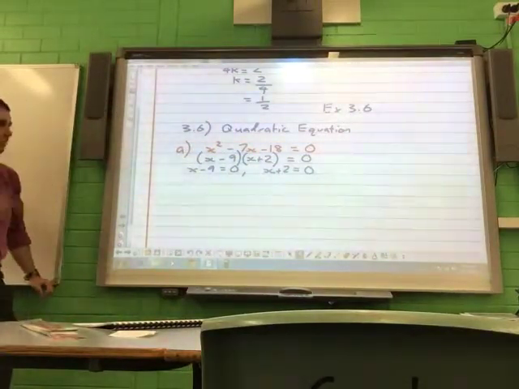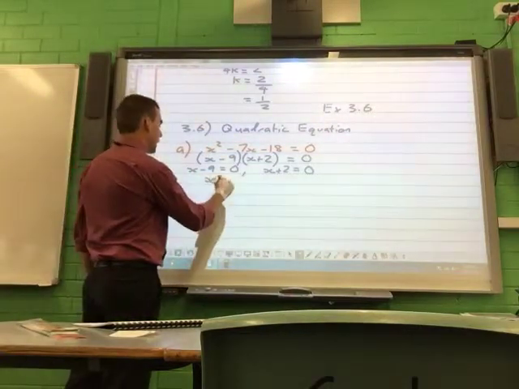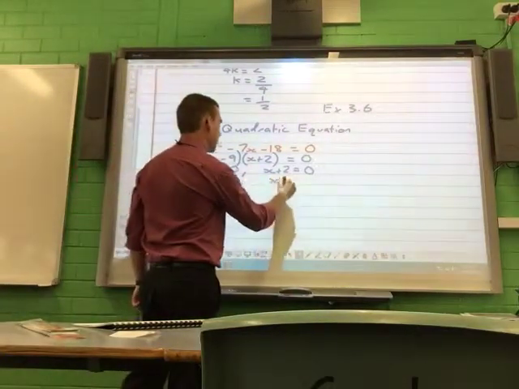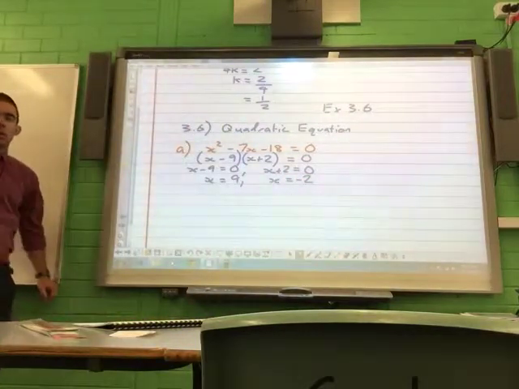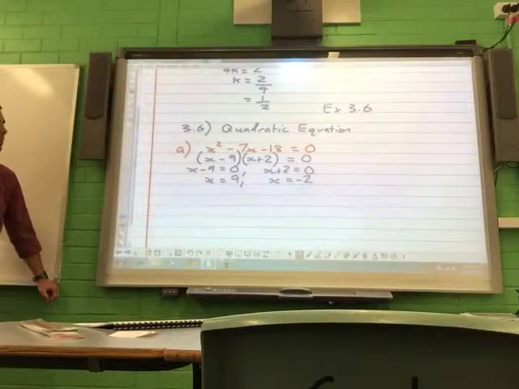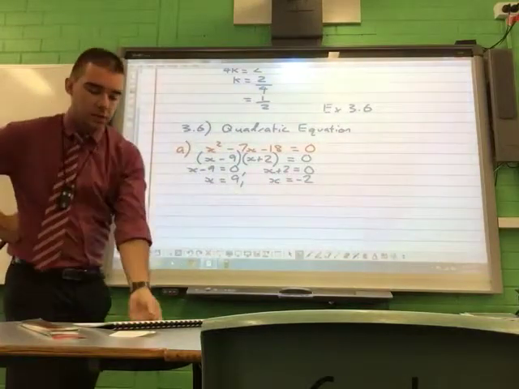So you have two simple equations to solve: x equals 9 and x equals negative 2. We've covered how to factorise; it's now taking it to the next step.